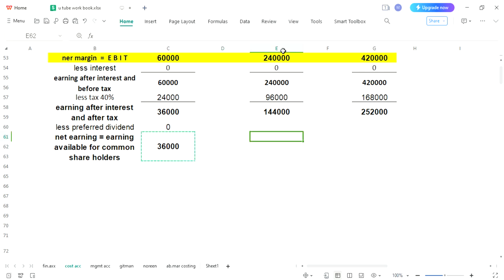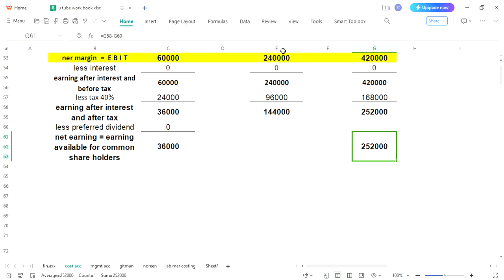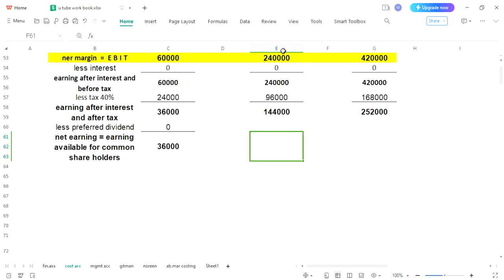In a similar way, you will be doing it for the next two options as well. Similarly, there is no preferred dividend for the second option as well. You can put 0 over here, after which you will calculate earning available for common shareholders by subtracting preferred dividend from previous earning. 144,000 previous earnings, subtract preferred dividend, we have got final earning for the second option.